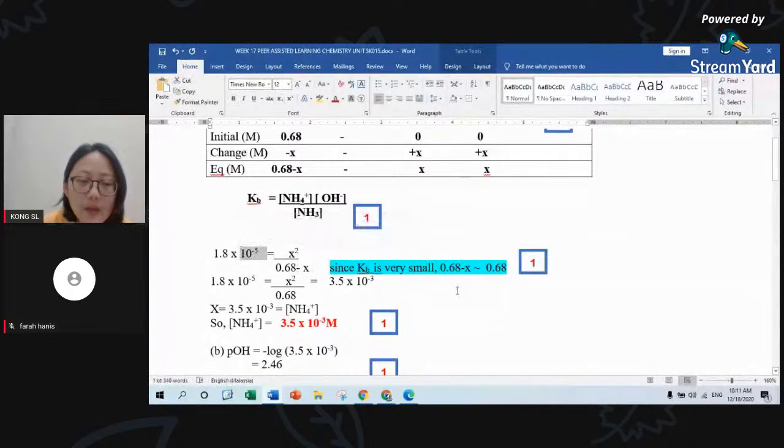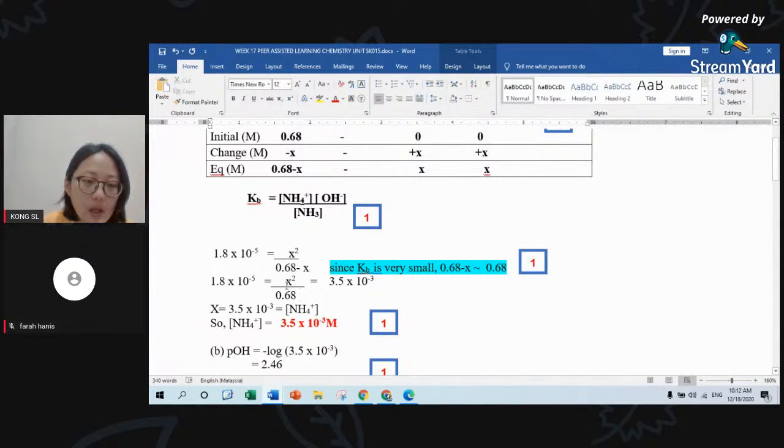You must remember if the Ka or Kb is equal to or smaller than 10 to the power of negative 5, then we do the approximation method. So you write down since Kb is very small, 0.68 minus x is near to the initial concentration, which is 0.68. So you ignore the minus x over here.